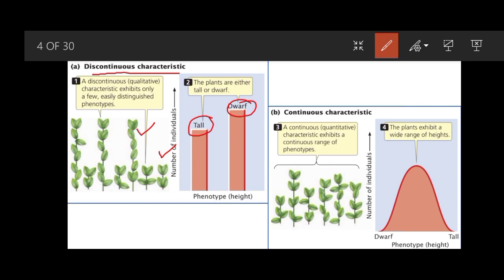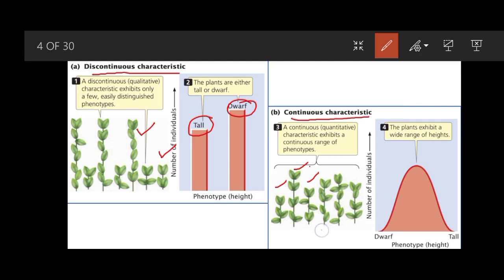But in the case of continuous characteristics, a continuous characteristic exhibits a continuous range of different phenotypes. For example, in this example, there are plants with different heights. This plant is dwarf, this plant is tall, and this is an intermediate plant with an intermediate height.